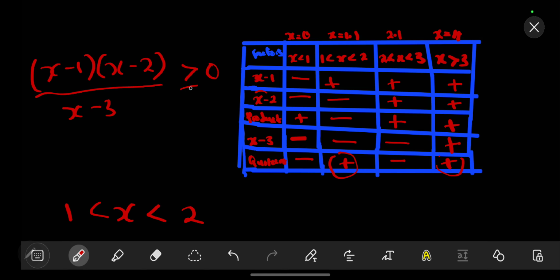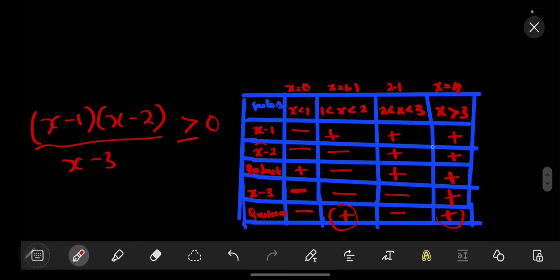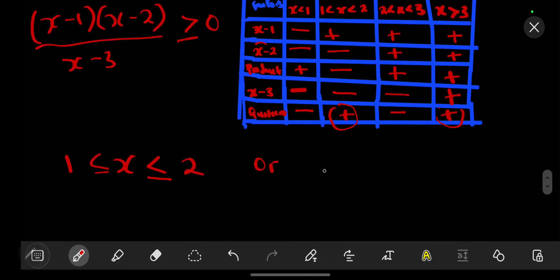Now the fact that there is greater than or equal to means we can include, so we can say this. We also have or, we have our x this side. So your x here is such that x is greater than 3. Take note that we are not going to write greater than or equal to 3, because x equal to 3 should not be part of the solution.